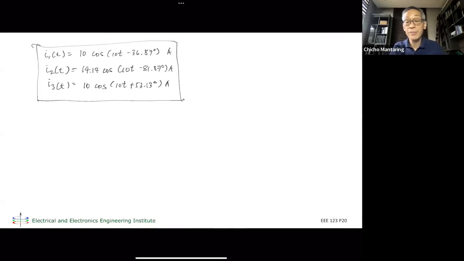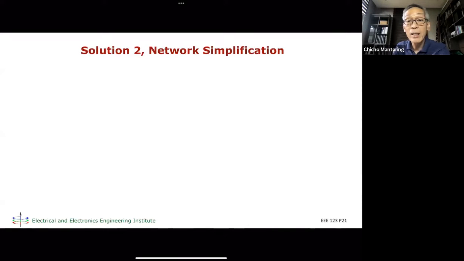Okay. So that's doing nodal analysis, no? We could have done network simplification, no? Very quickly, ano? Ito yung circuit natin.